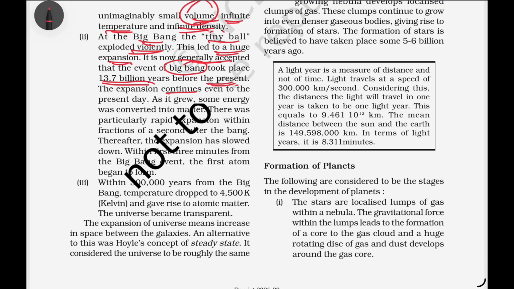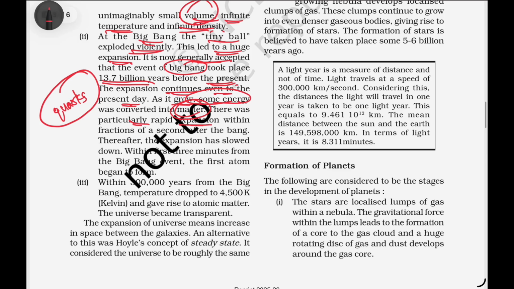The expansion continues even to the present day, and as it grew, some energy was converted into matter, that is quarks, as I explained in the previous video. There was particularly rapid expansion within a fraction of a second after the bang, and thereafter the expansion has slowed down. Within the first 3 minutes of the Big Bang event, the first atom began to form, as I have explained.